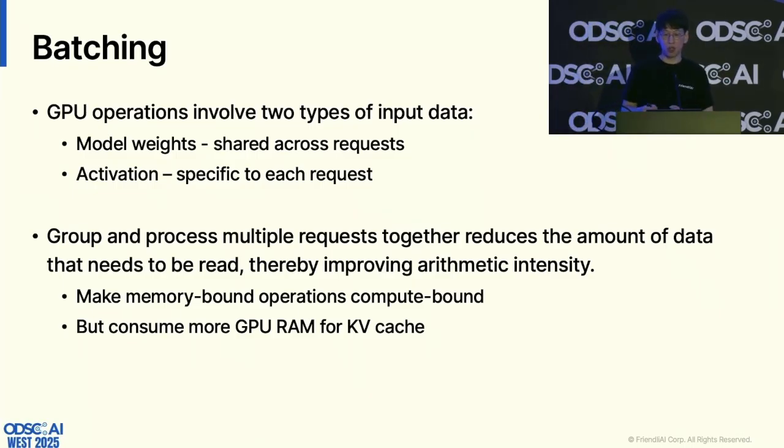In inference, GPU operations involve two types of data: model weights shared across all requests, and activations unique to each request. And batching processes multiple requests together, which reduces model weight movement and increases arithmetic intensity. And this helps shift workloads from memory-bound to compute-bound, but it comes at the cost of higher GPU RAM usage, especially for storing the key value cache.